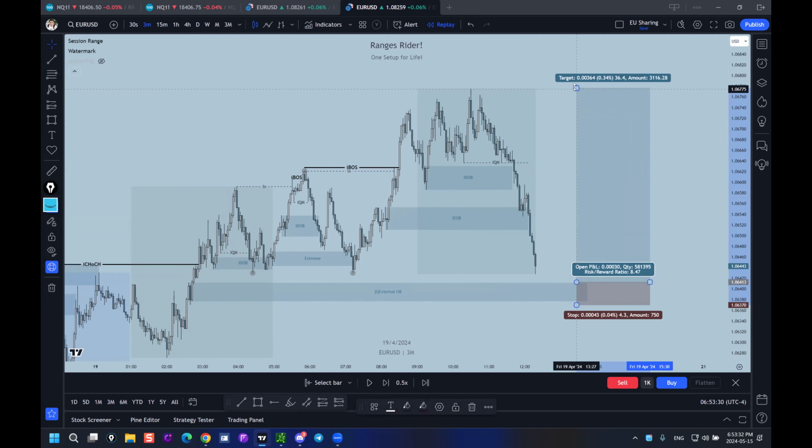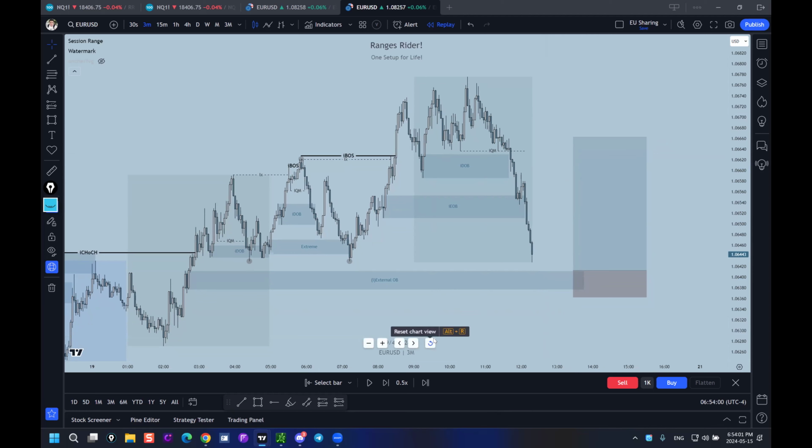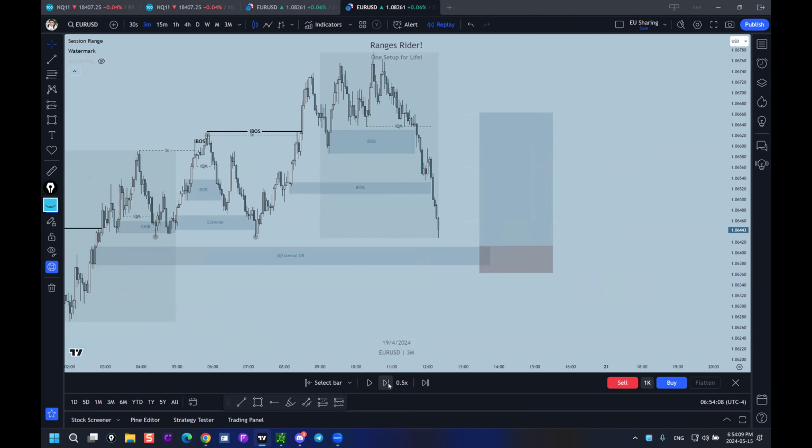From the external order block, we can say that, okay, we are looking for long, but of course not 8 hour, maybe 5 hour, or maybe you can say 6 hour. It all depends on you. I will take the other 5 hour, something like this, or maybe I give a little bit more room, 4 hour, 5 hour. It makes more sense to me, rather than we take it as an EOB. Okay, let's go.